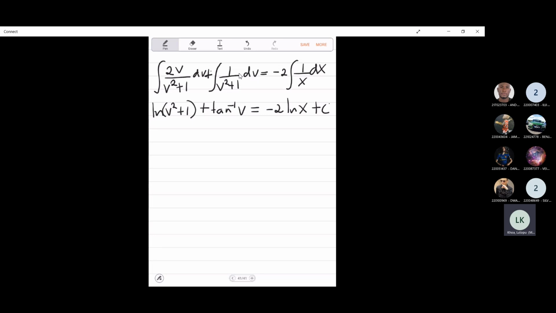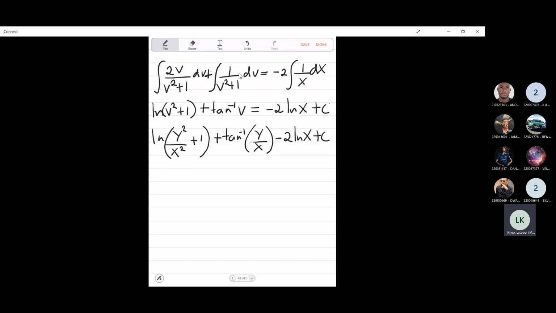Then we need to remember that there was no v in the question, so we write v in terms of big Y and big X. So this is ln of big Y squared over big X squared plus 1 plus tan inverse of big Y over big X minus 2 ln of big X plus c.